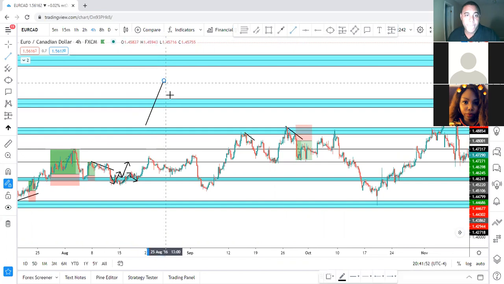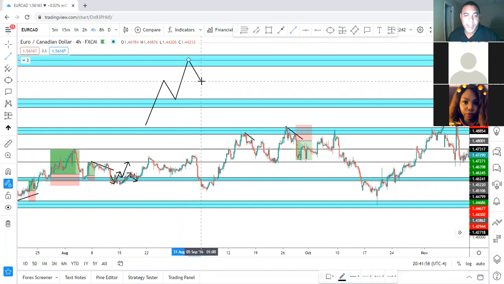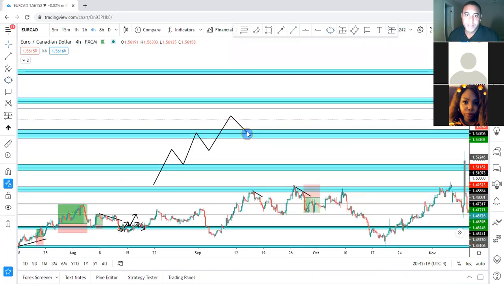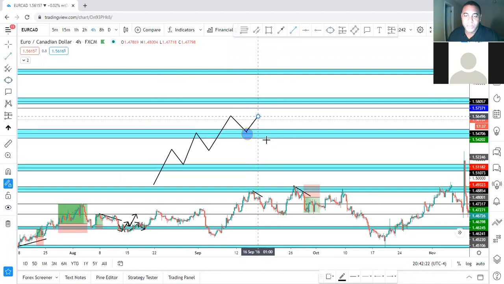We get a high, a higher low, a higher high, a higher low, a higher high, and basically this zone is previous resistance turning to support, in most cases. Whenever a higher low gets broken, we see price make a move. Once you see price break that higher low, we're gonna wait for that pullback, and then we're looking to sell.